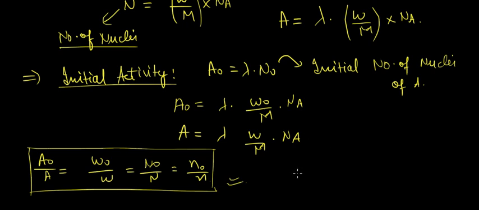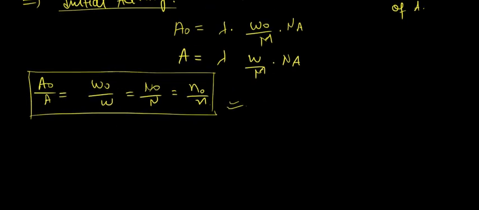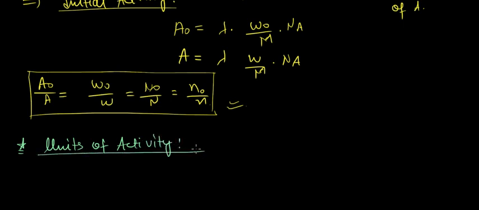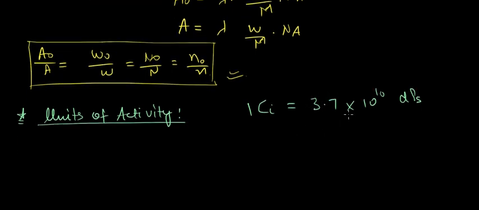So let us now discuss the units of activity. So units of activity would be, suppose 1 Ci would be equal to 3.7 times 10 raised to power 10 dps, and dps is disintegration per second.